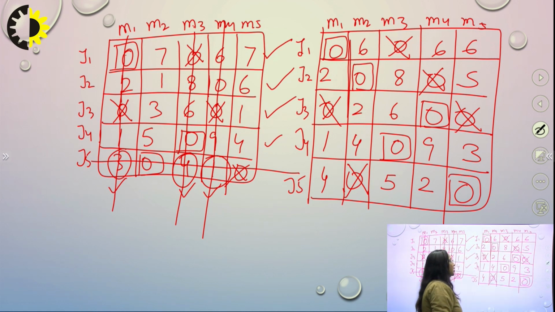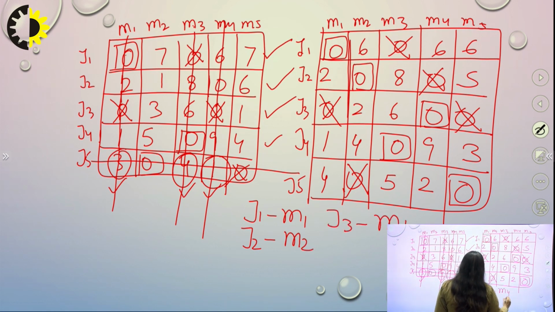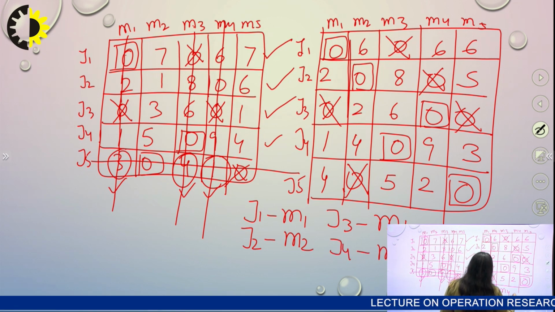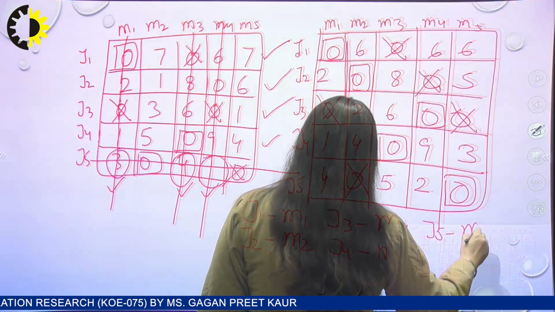So you can see each job has been allocated to a different machine. Job 1 has been allocated to M1, job 2 to M2, job 3 to M4, job 4 to M3, and job 5 to M5.